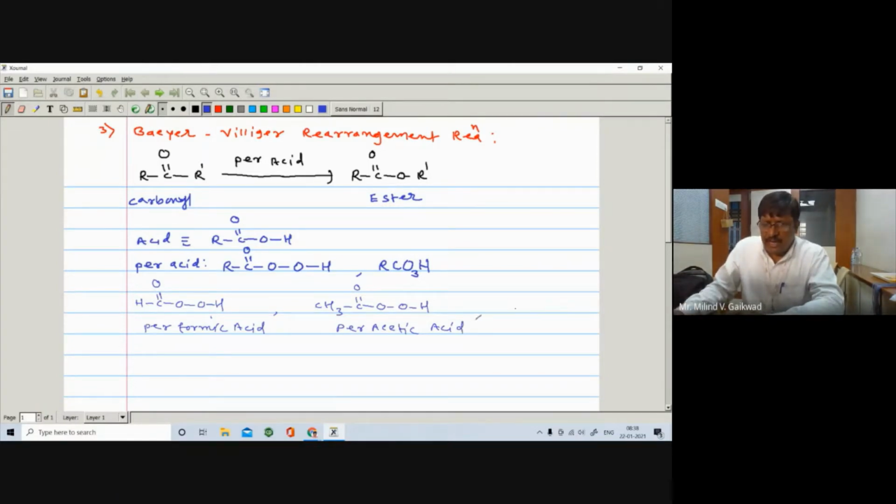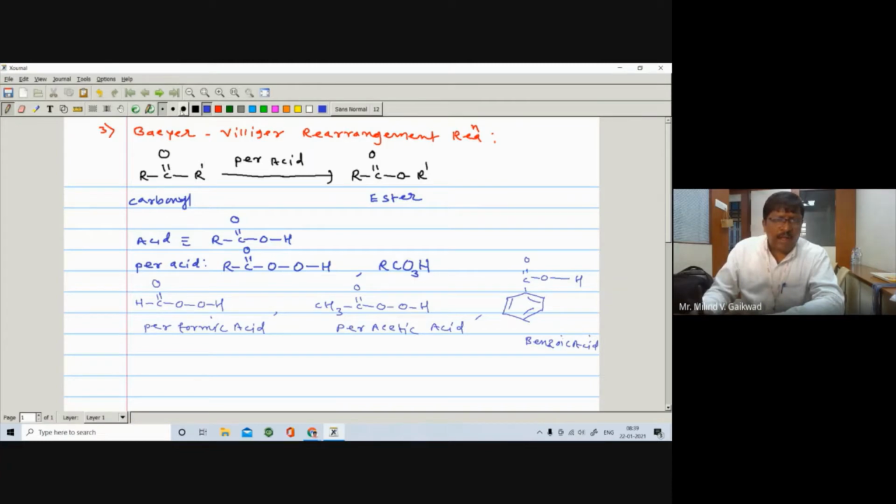If it is benzoic acid, here there is a benzene ring, pi bond, pi bond, pi bond, and C double bond O and O, and here is the H. It is called benzoic acid.